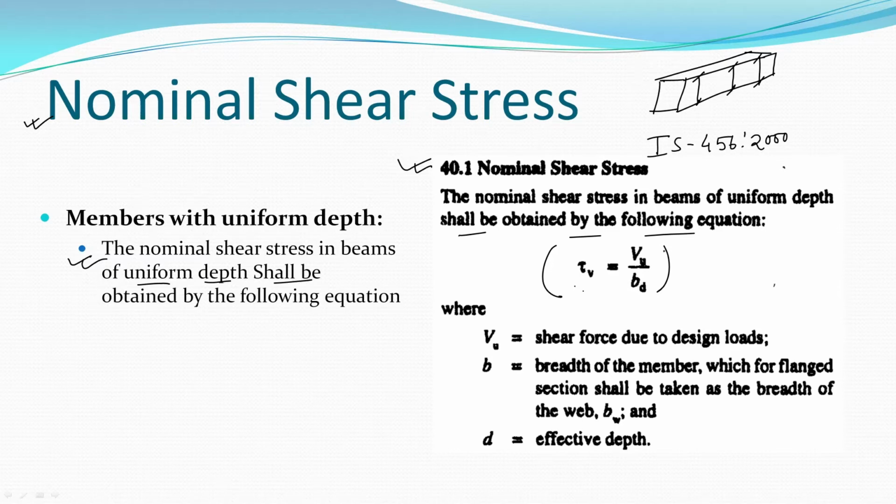Tau v is the nominal shear stress as per clause number 40.1 of IS 456:2000. Vu is the shear force due to design loads, b is the breadth of the member, and d is the effective depth. In this way we can determine the value of the nominal shear stress. Whether shear reinforcement is needed or not, for that reason we need to determine the value of tau v.